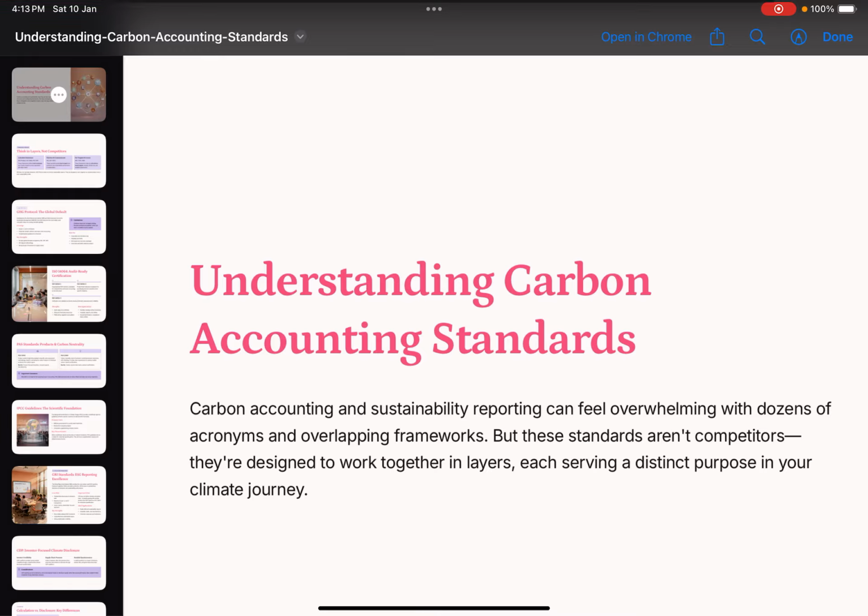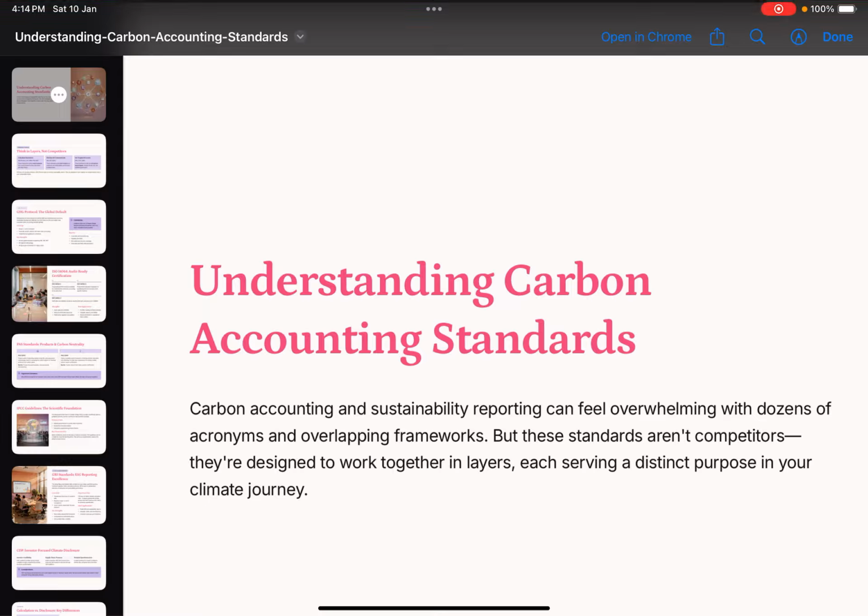Whereas accounting is basically a comprehensive standard, and the standard would focus on calculations of the carbon footprint. Now, though there are so many terms, dozens of acronyms and so many frameworks in carbon accounting, we need to understand that these standards and reporting frameworks aren't competitors.